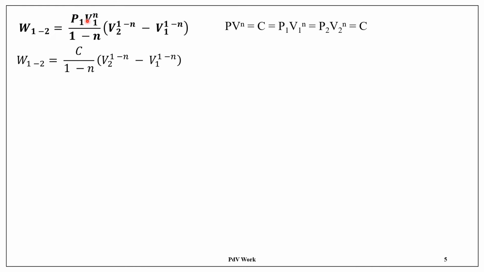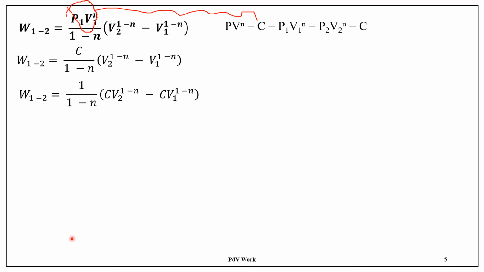So instead of this P1 V1 power n, we substituted this C. Now multiply this C into the parenthesis, we will get like this.